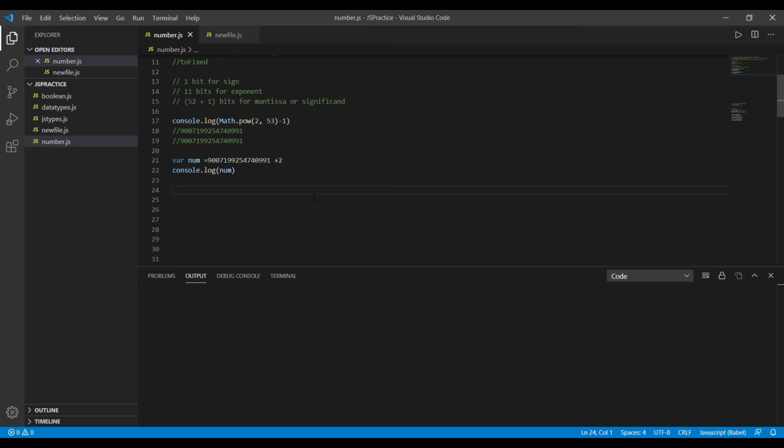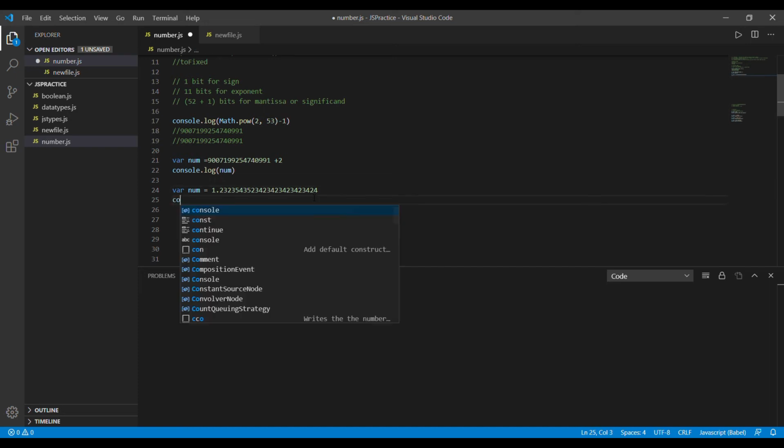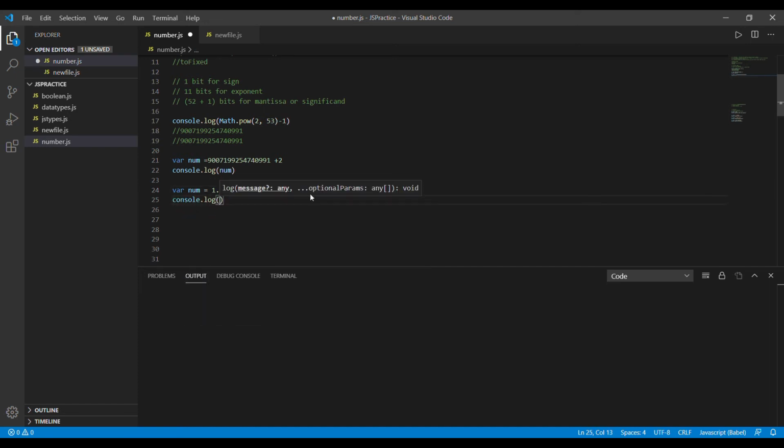So for now, we will go through an example. Let's take a number which has more than 17 digits, and let's try to print this number. When we print this number, we will see that only 17 digits are considered as precision, and the remaining digits are left out by JavaScript.